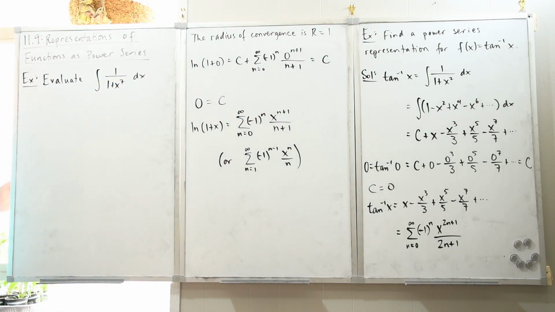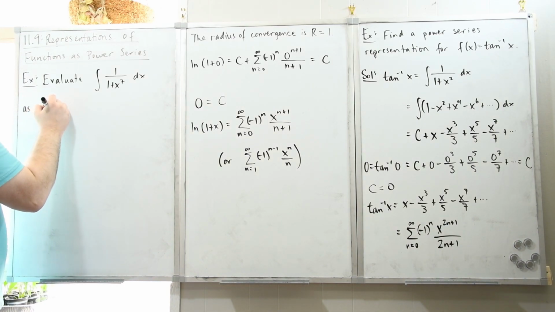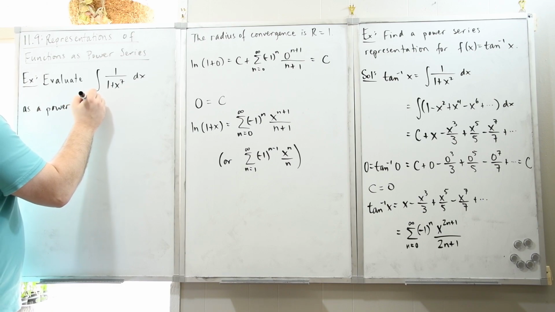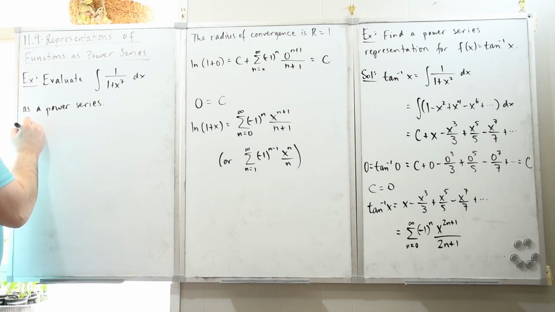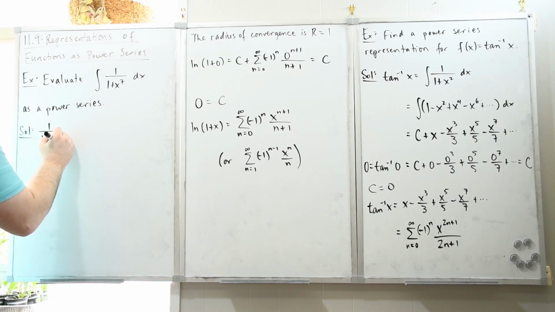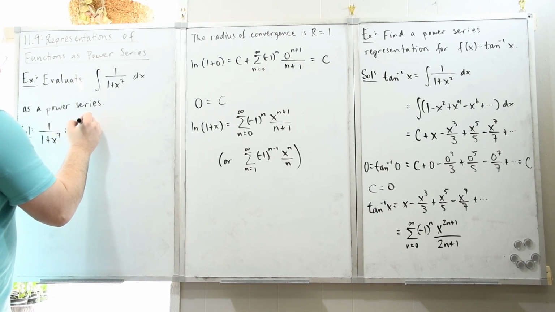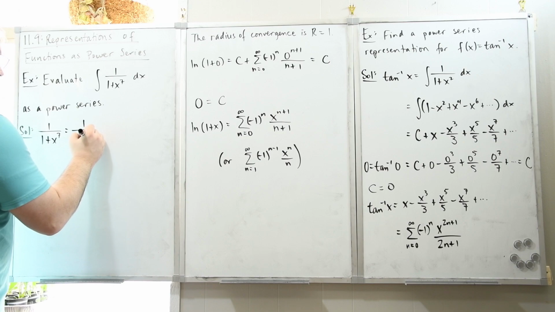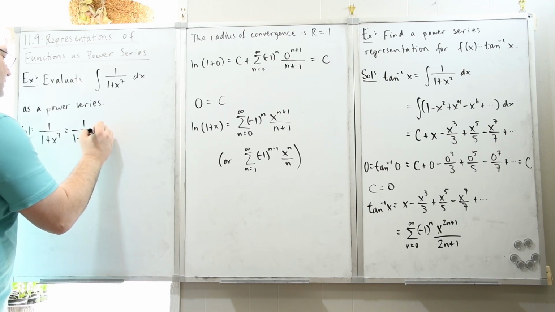So we'll represent that as a power series. And so in order to pull this off, let's consider that 1 over 1 plus x to the seventh is equal to 1 over 1 minus a negative x to the seventh.